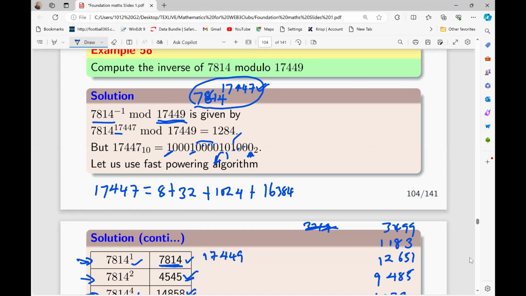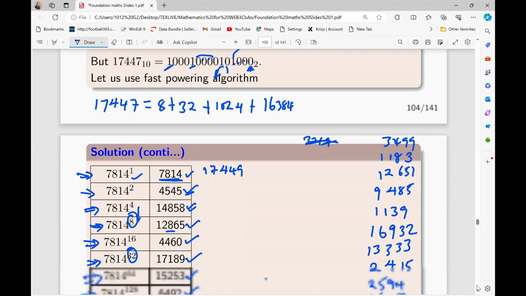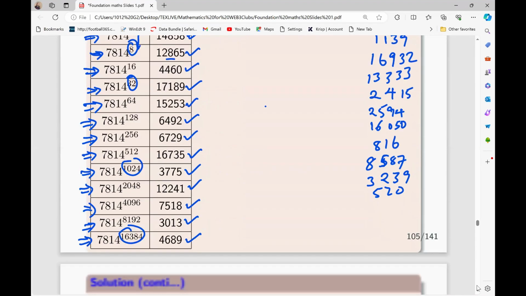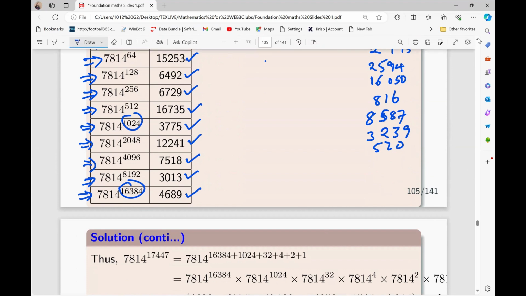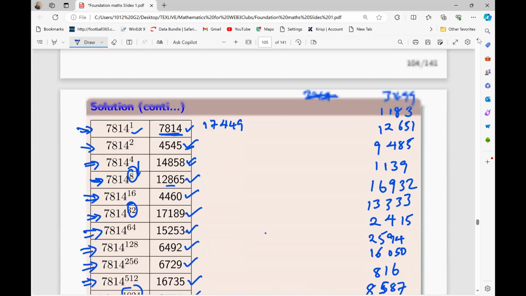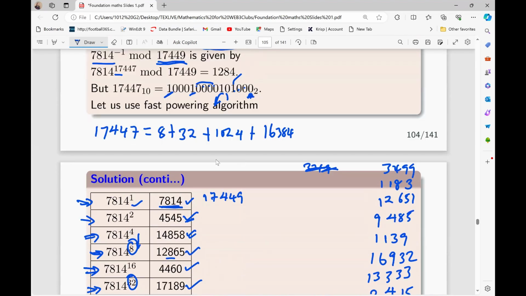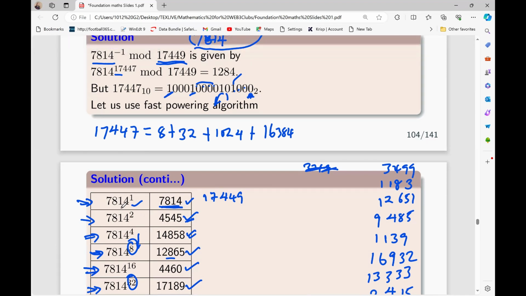Let's just go back and see. Let's go back to this number. 1, 2, 3, 4, the fourth one. We took 8, and then skipped 1.